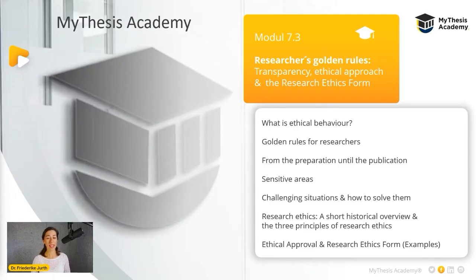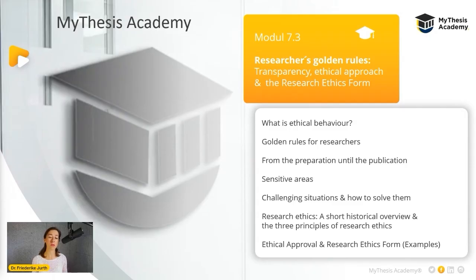Well, so let's have a look at the class and get a little overview on what is waiting for you. As you can see, I named it Researchers' Golden Rules, or Transparency, Ethical Approach, and the Research Ethics Form, which I will introduce at the end of this class. So we will start with the question of what is ethical behavior?